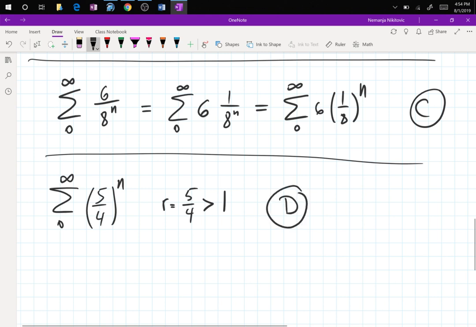Diverges, because the test states that if it's not in between -1 and 1, then it's outside of that range, and it said otherwise diverges, right? This is the otherwise case. It's larger than 1.